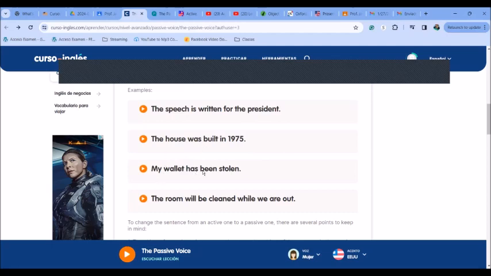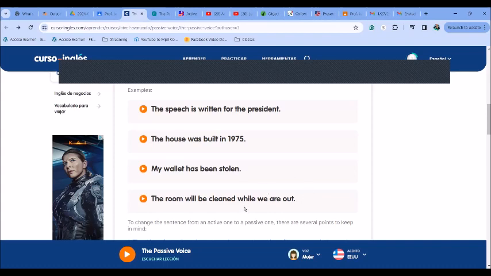My wallet has been stolen. Notice this is in a present perfect format, right? So we still have our verb to be here. Has been stolen, right? The room will be cleaned. Here we're going into the future, while you are out.